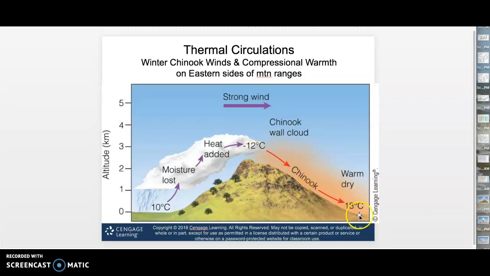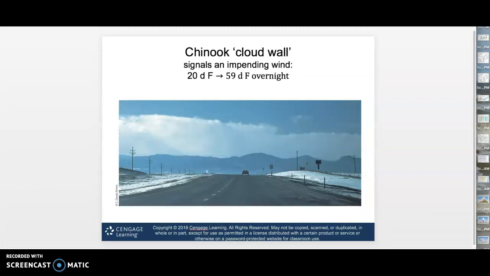The Chinook is an actual mountain range. But we're talking about compressional warming in both cases. The compressional warming on the mountain ranges with the Chinook can be very dramatic, whereas it's less dramatic with the katabatics.